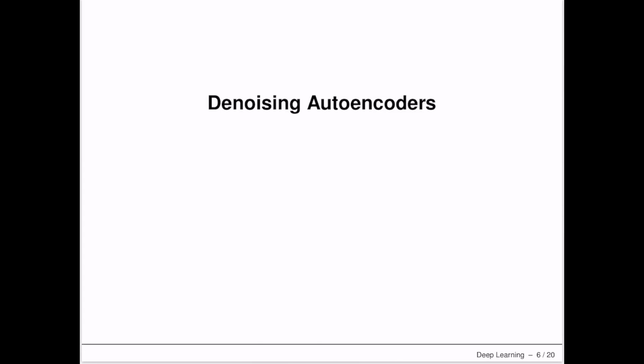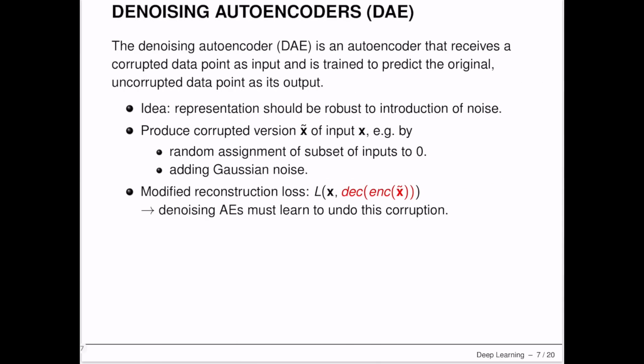Now we look at denoising autoencoders. As the name says, denoising autoencoders should be able to handle noise. This means that we give the autoencoder a corrupted or noisy data point as input, and we train it in such a way that it is able to predict the original uncorrupted, non-noisy point as output.